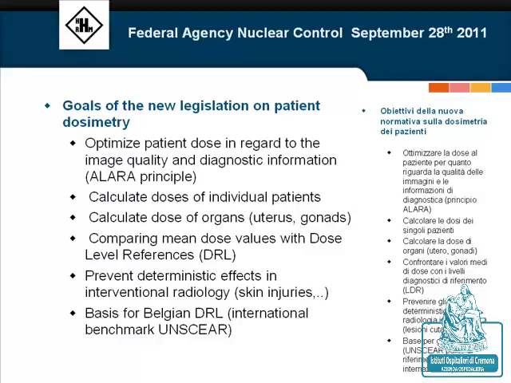I don't know if the Italian translation is that, but it means the doses above which you should not be. Try to prevent deterministic effects in interventional radiology, and also these measurements should be used for a Belgian DRL.